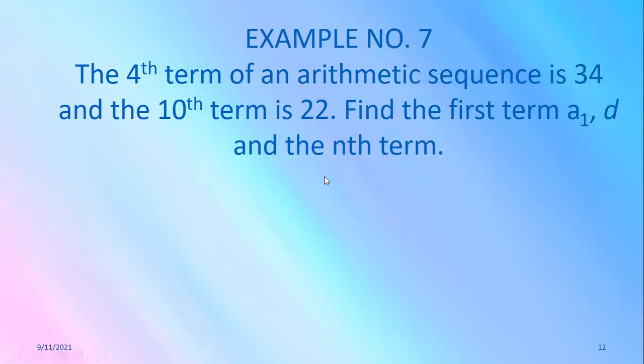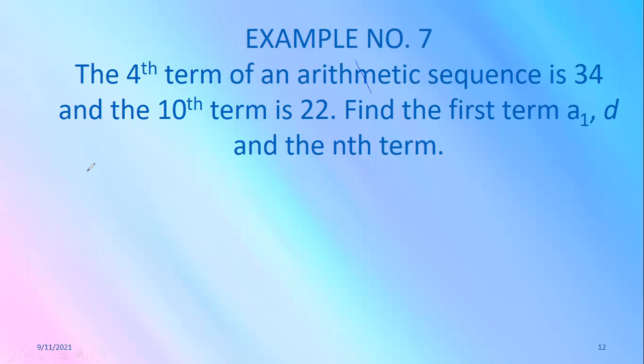Okay, what if your example goes like this? The fourth term of the arithmetic sequence is 34 and the 10th term is 22. You're asked to find the first term, the common difference d, and the nth term. What are we going to do?